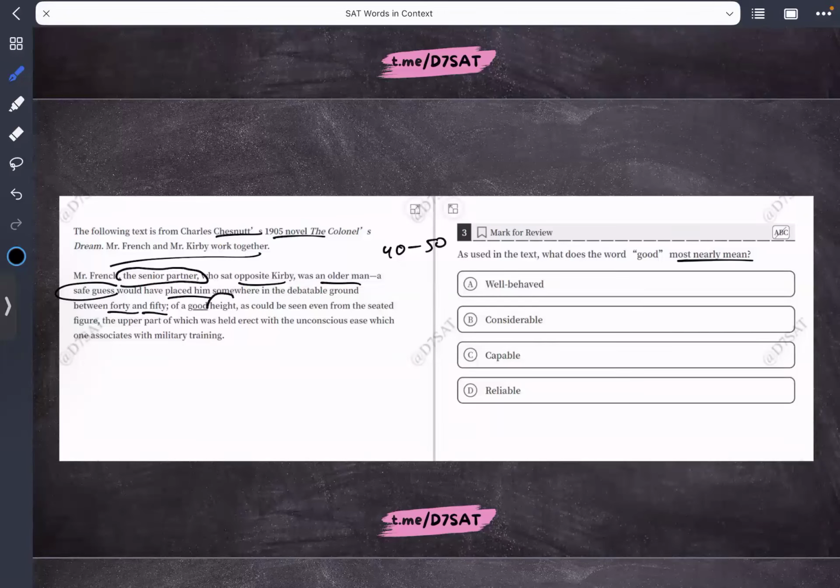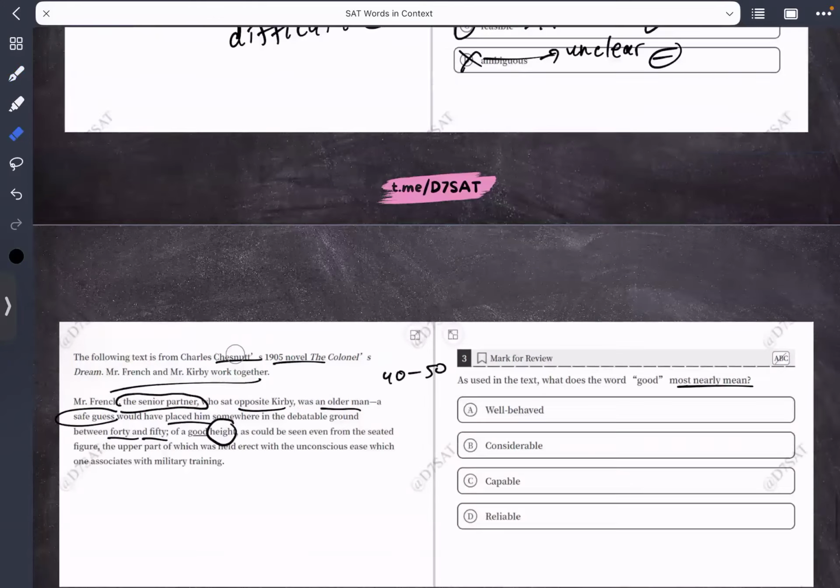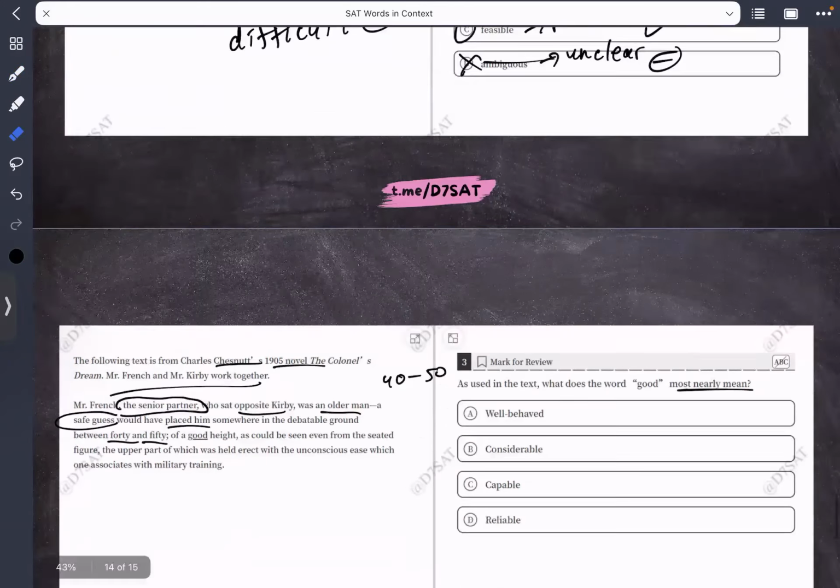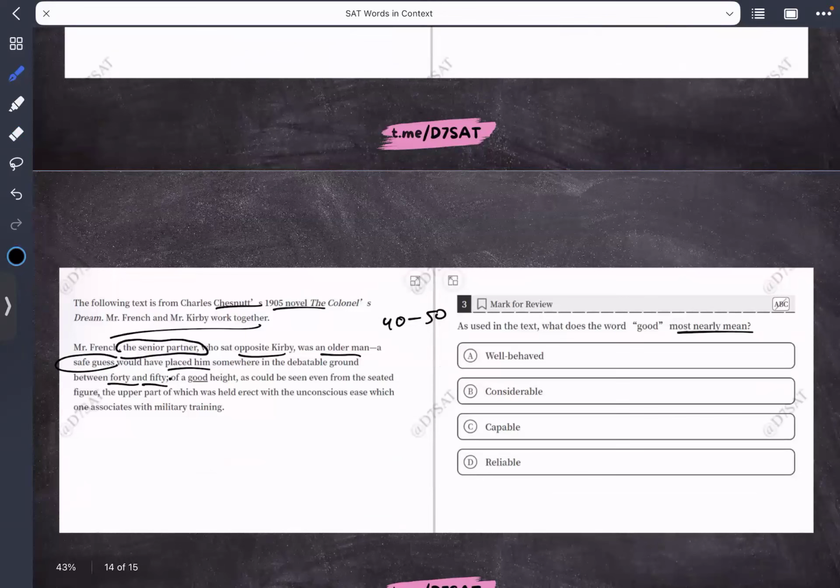So right now, 50 of a good height. Actually 40 or 50 doesn't relate to height, because we are using a semicolon, and after a semicolon there should be a different idea. So 40 or 50 is about age, and then after the semicolon, because it's an old passage, using a semicolon before "of" is logical.